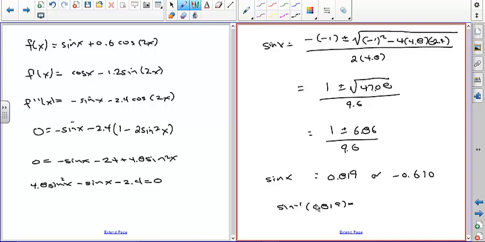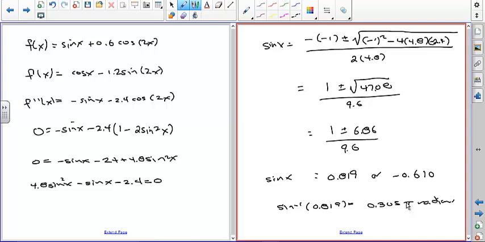So if you do that, you get the inverse sine of 0.819, and you divide by pi, and so this is equal to 0.305 pi radians. Okay, so that's, hopefully I did that right. Where's my solution, since I'm doing it kind of quickly? Oh, here it is. Yeah, okay, so that's the first one, 0.305 pi.